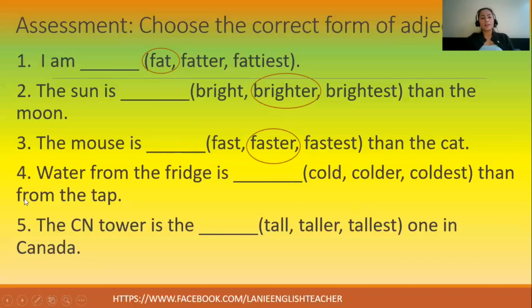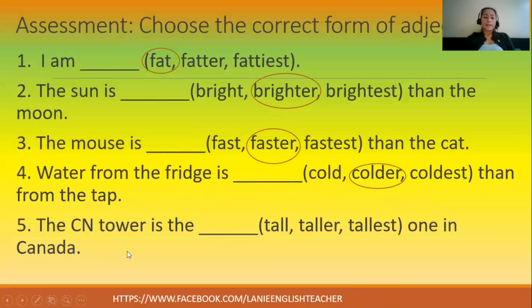Very good. Number 4, water from the fridge is blank than from the tap. So water from the fridge is compared to the water from the tap. So which one is in comparative form? Cold, colder, coldest. Colder, correct.